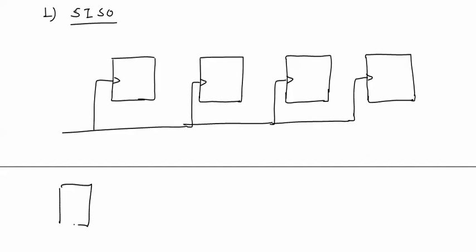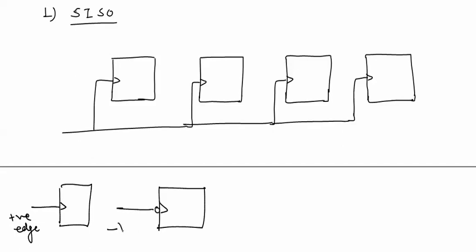Remember this thing that if a flip-flop is shown with this sign at the clock, it will be a positive edge triggered flip-flop. And if a flip-flop is shown with this sign, it will be a negative edge triggered flip-flop.